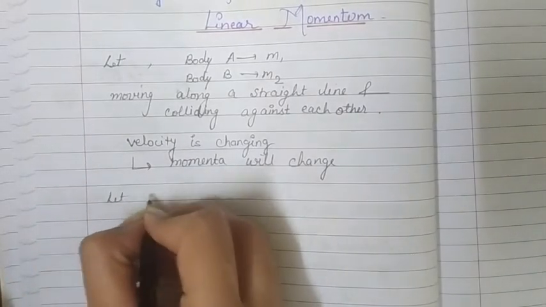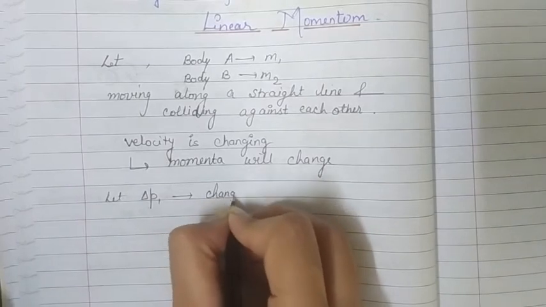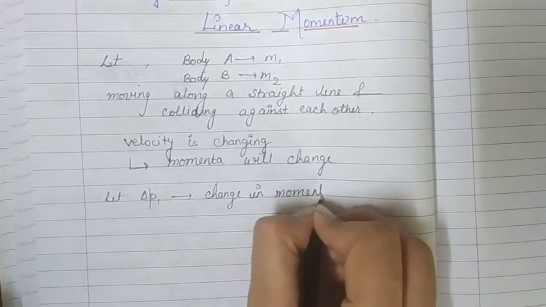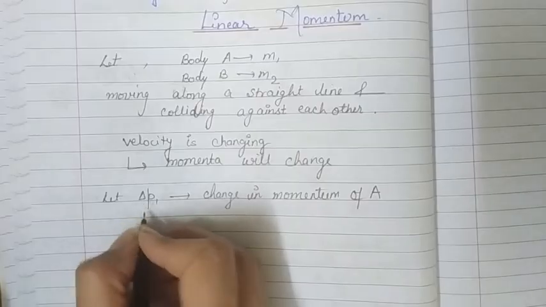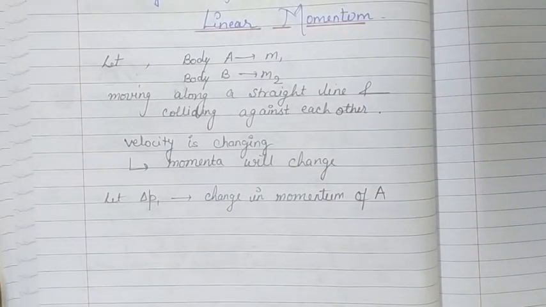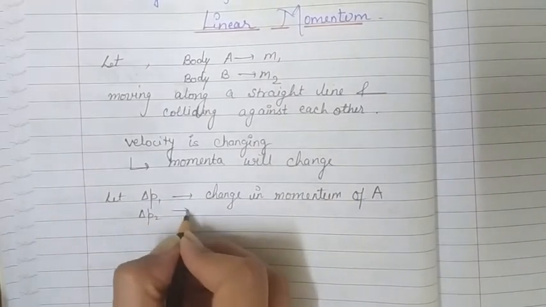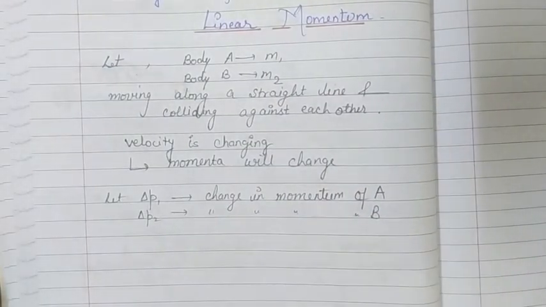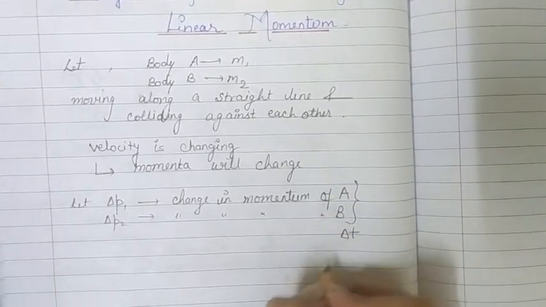Delta p1 is the change in momentum of A, that is, the difference of momentum of object A before and after collision. Similarly, delta p2 is the change in momentum of object B in time delta t.